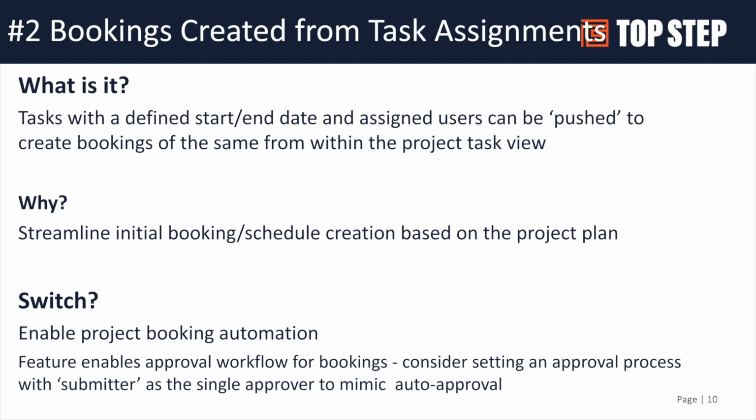It's always going to go from creation, submission to approval, but you still will have all the different stages visible in the resource module. So something to consider. But if you're not okay with that and you like being able to take your project plan details and create the bookings and schedules automatically, it does do the job.